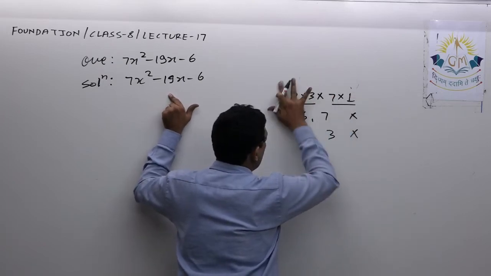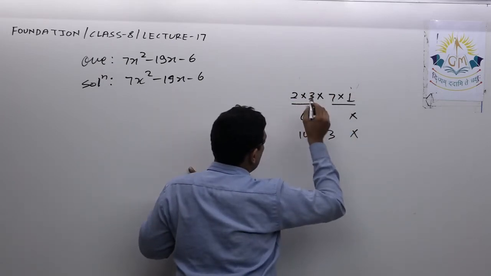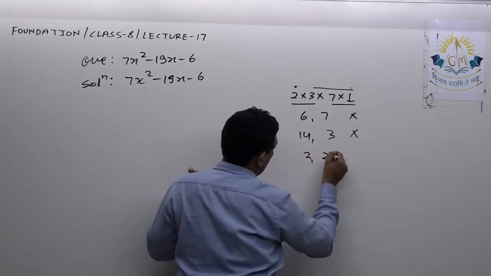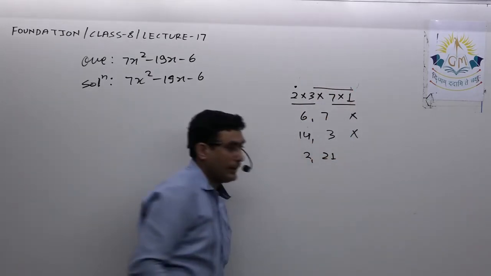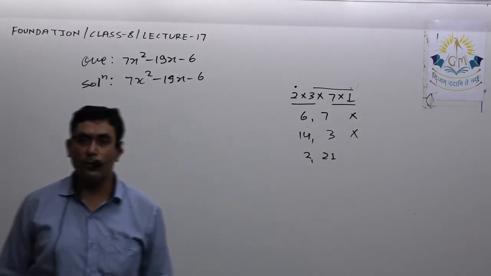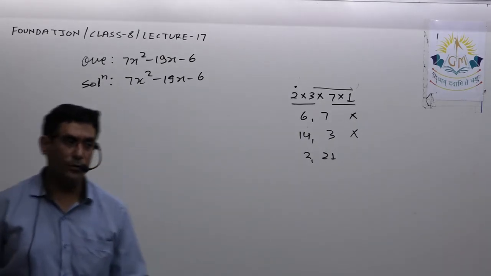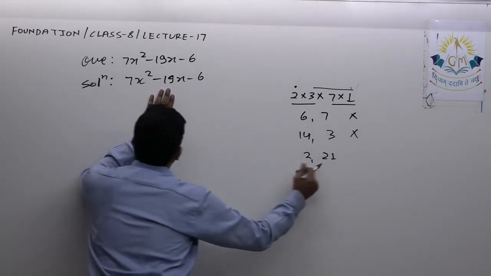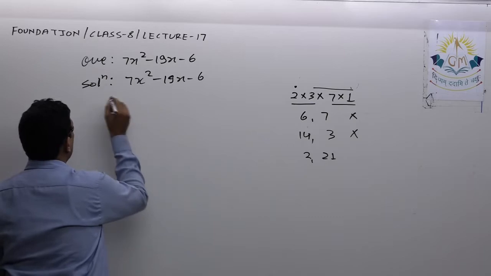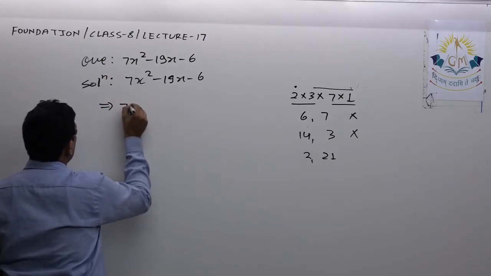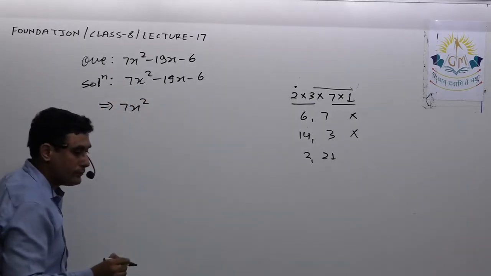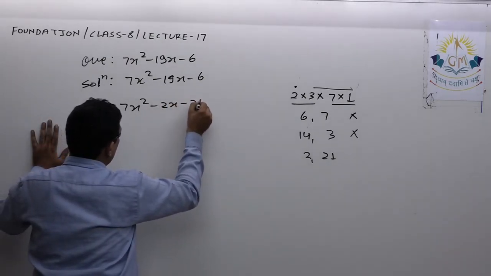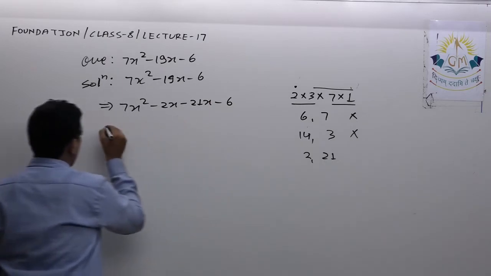Now if I say 2 and 21, yes, this is the correct combination, because their difference is 19. 2 minus 21 or 21 minus 2, as it is negative, definitely I have to go for 2 minus 21. So here I write 7x square minus 2x minus 21x minus 6.